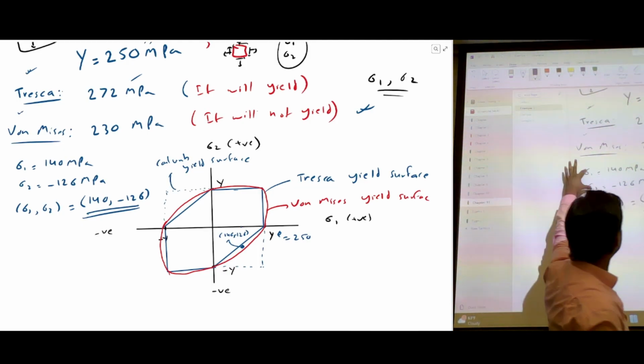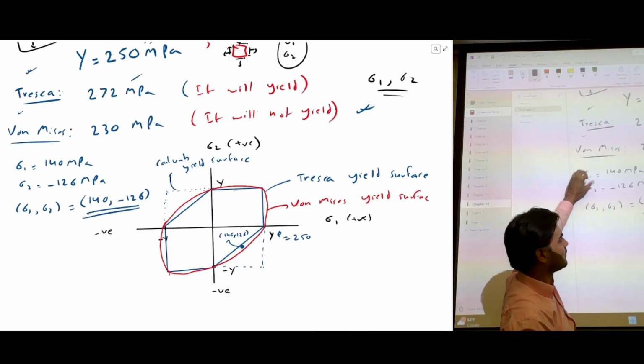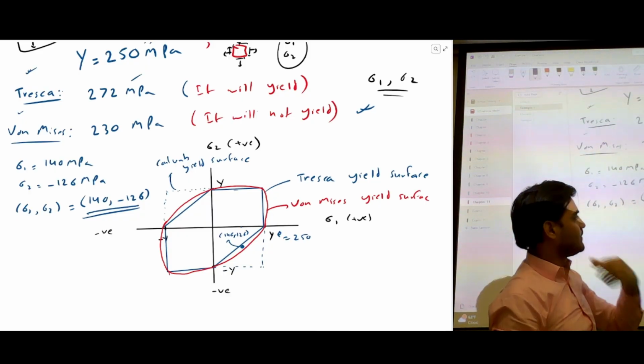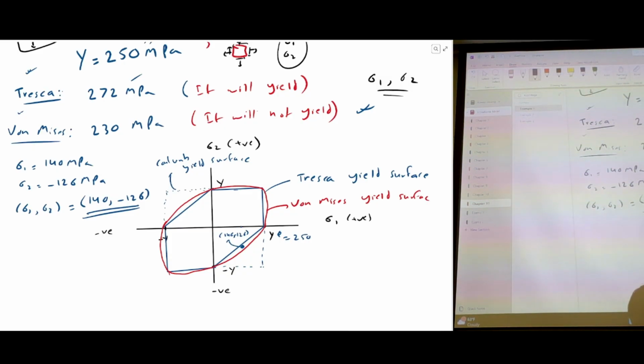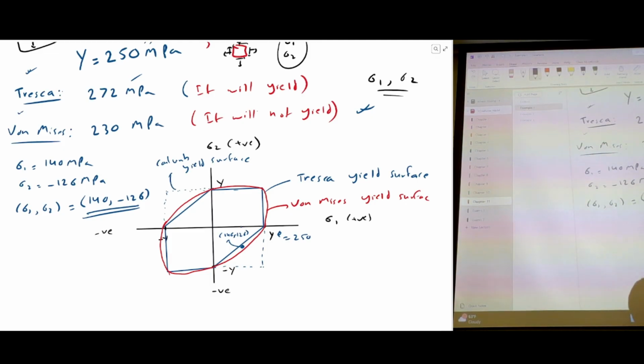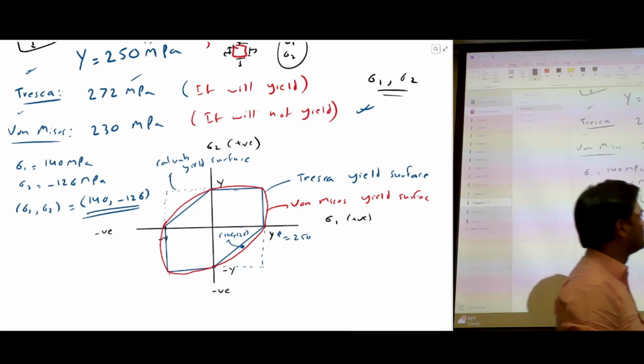We got this from these stresses, and these stresses we got from the stress element. So we can see it's beyond the Tresca yield surface. So according to Tresca, it's failing, but it's inside the yield surface of von Mises. So according to von Mises, it will not fail.